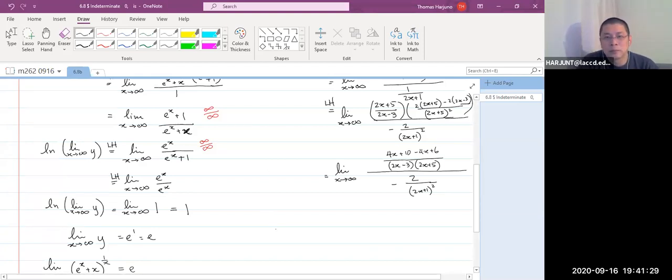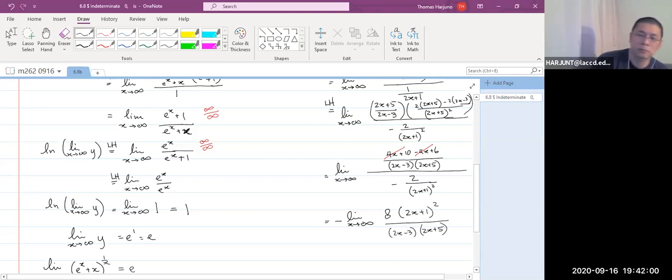Then, on the numerator here, I get 16 divided by 2, so I get 8 on the top with (2x plus 1) squared, big over (2x minus 3)(2x plus 5).